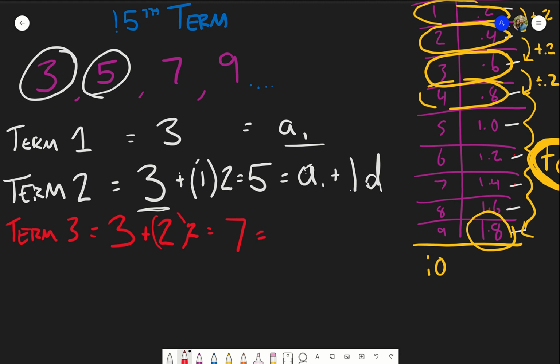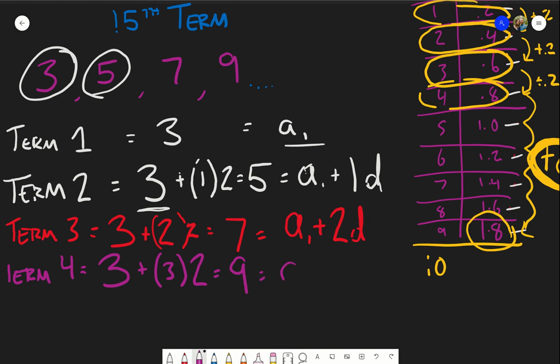So this was term 1 plus 2 times the common difference. Term 4, we took our starting term and we added 3 of our common difference, which is 2. 3 times 2 is 6. 3 plus 6 is 9. This was A1 plus 3D.